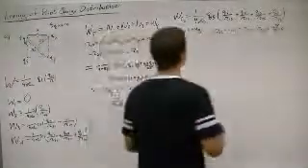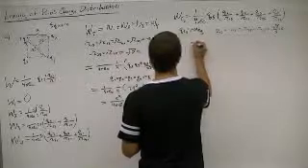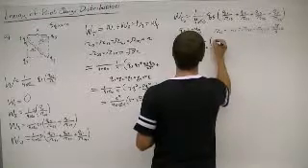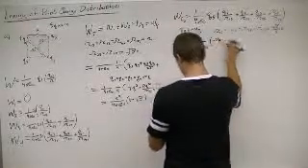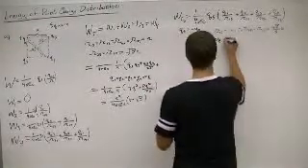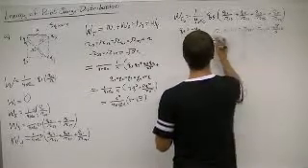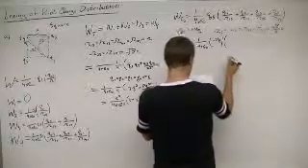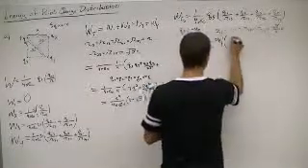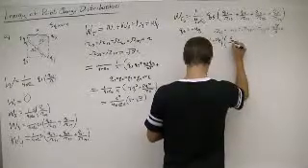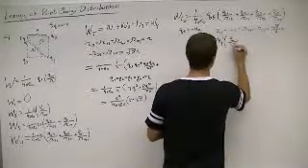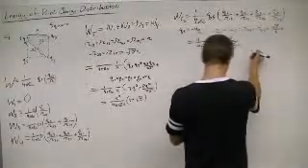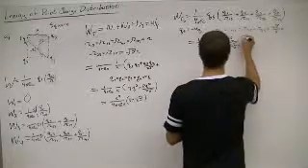So plugging in these values, making these substitutions, 1 over 4 pi epsilon naught times negative 4q times q over root 2 over 2a, and there's 4 of them, so it's just going to be times 4.